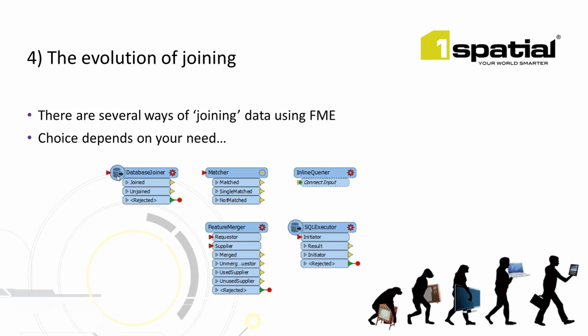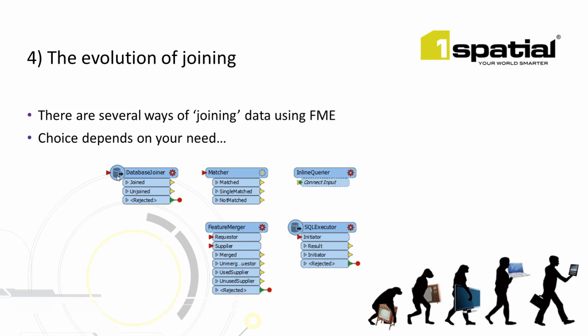There is a tool like the inline querier, which is a very powerful transformer that allows you to take file or folder-based data, like say a shapefile or a MapInfo TAB file or a CSV, read it in, and the inline query allows you to cache it to an actual database in a temporary store. You don't have to create the database.